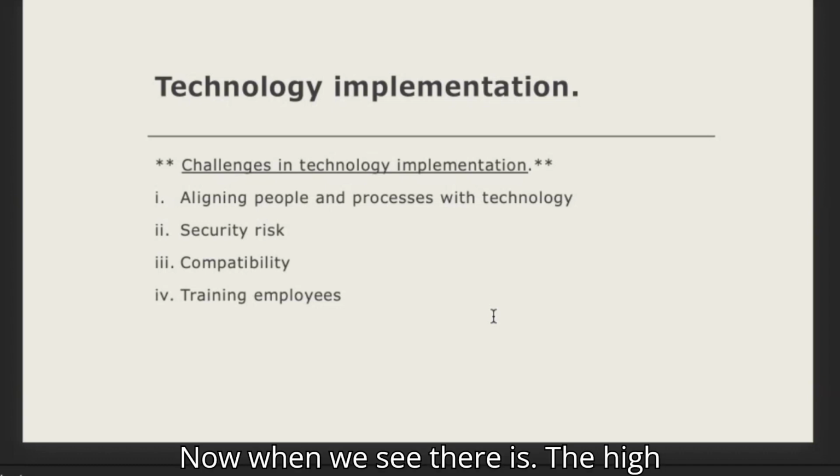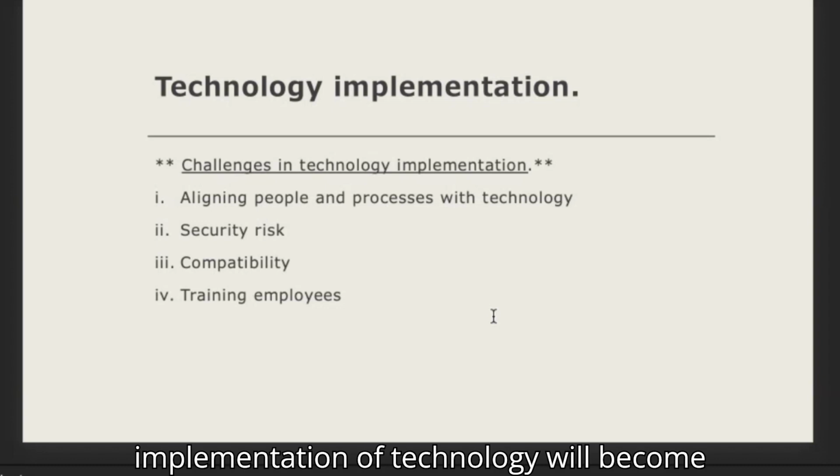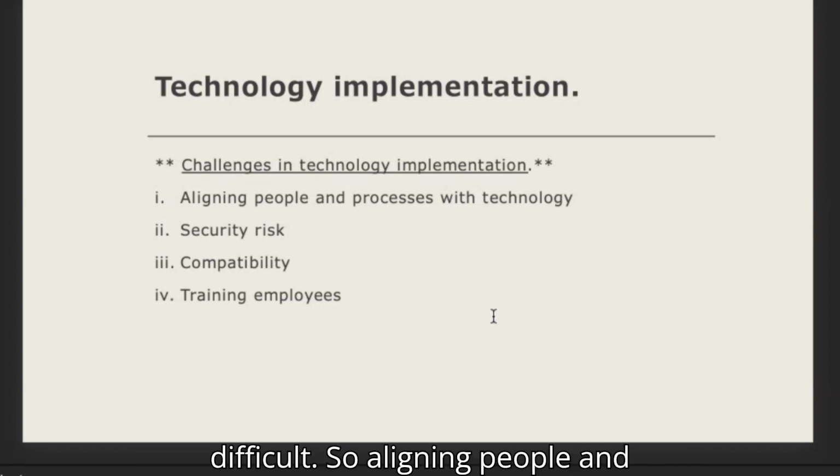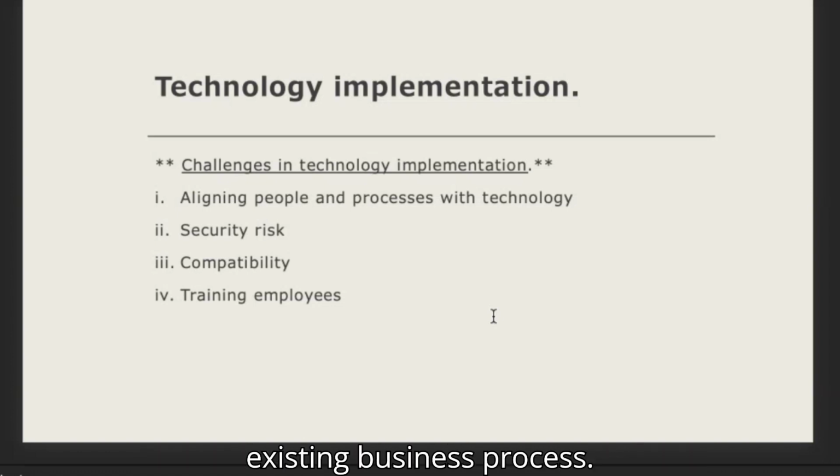Now, when there is high resistance to change by the people in the organization, implementation of technology will become difficult. So aligning people and process with technology would play a major role in implementing the technology. New technology should be integrated into existing business processes.